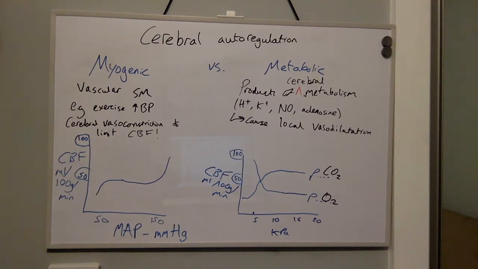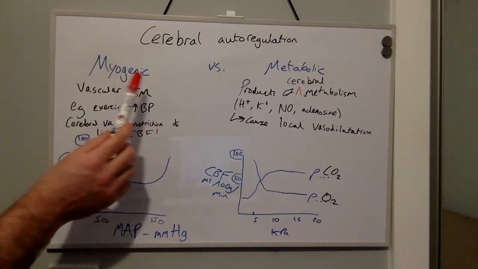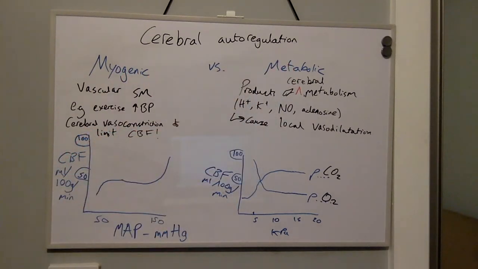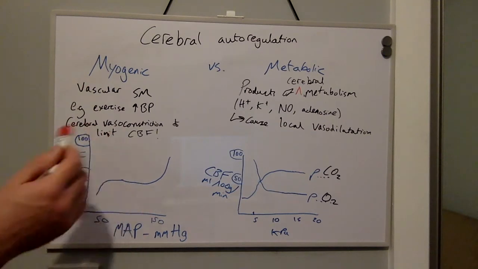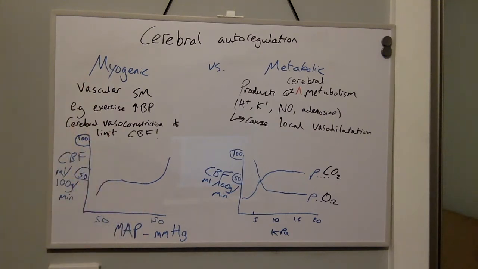So, a very quick run through on cerebral autoregulation. The two theories of cerebral autoregulation are the myogenic and the metabolic theory. With the myogenic theory, we have vascular smooth muscle, and this responds differently depending on what's going on in the body.